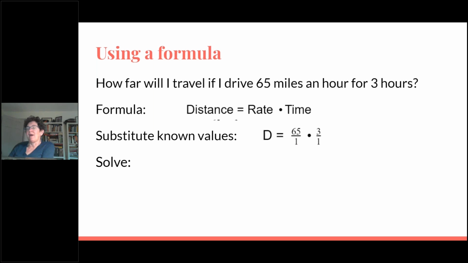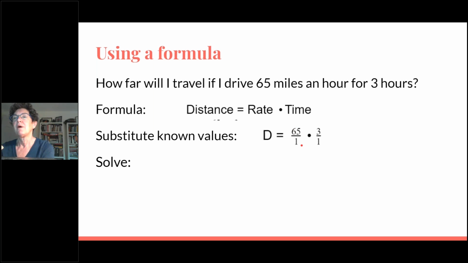If we divide anything by 1, we'll get the same answer. So it's not critical that we write it this way, but I wanted to introduce that idea so that you understand that a rate is a fraction.